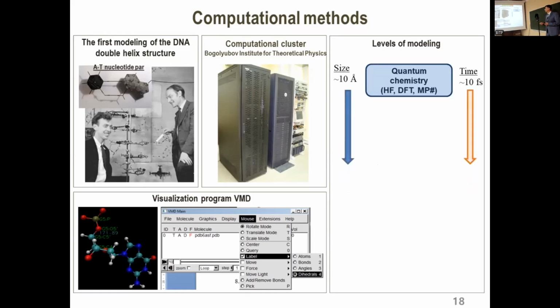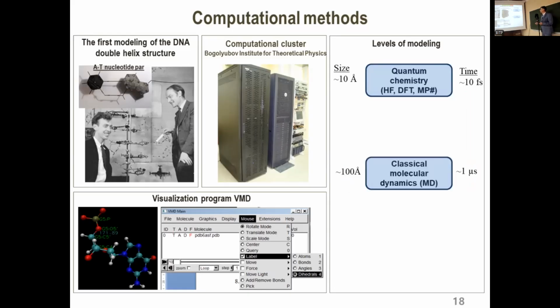Then we go to the atomistic level, and here we use classical molecular dynamics, and here the trajectory is much longer, about 1 microsecond, and about 100 angstroms size of the system. There are some hybrid methods between electronic and classical molecular dynamics. This is QM/MM, quantum mechanics, molecular mechanics, and we will have a lecture tomorrow morning about this method.